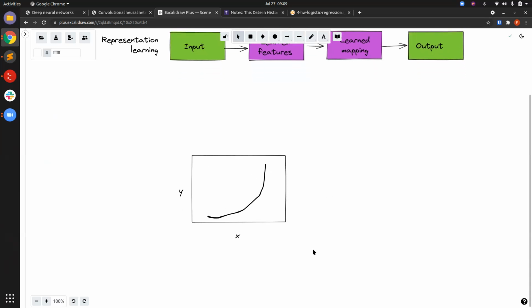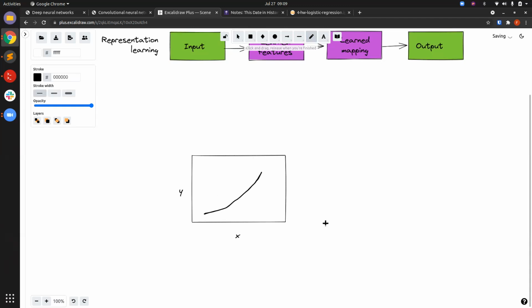Let's draw it a little better. I have this function f of x, and suppose I want to try and learn this with a regression. Can I learn this function with a single layer neural network?